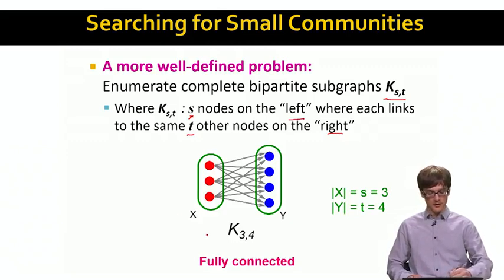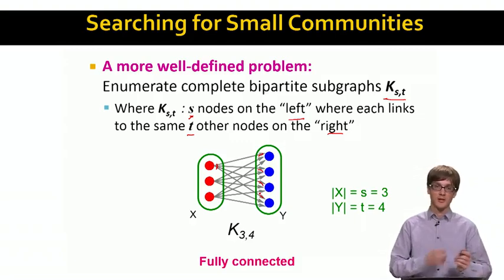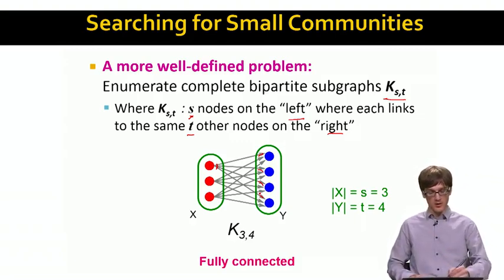I have a graph that I call K_{3,4} because I have 3 nodes on the left, and these 3 nodes on the left link to the 4 nodes on the right. Notice that every node on the left has 4 outgoing edges, one to each blue node. So it's a complete graph in the sense that all the edges are present. Every node on the left links to all the nodes on the right.